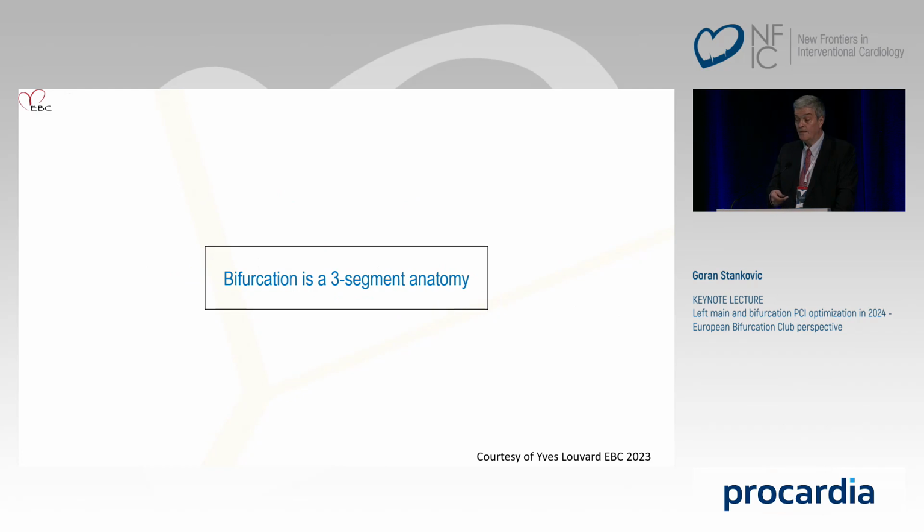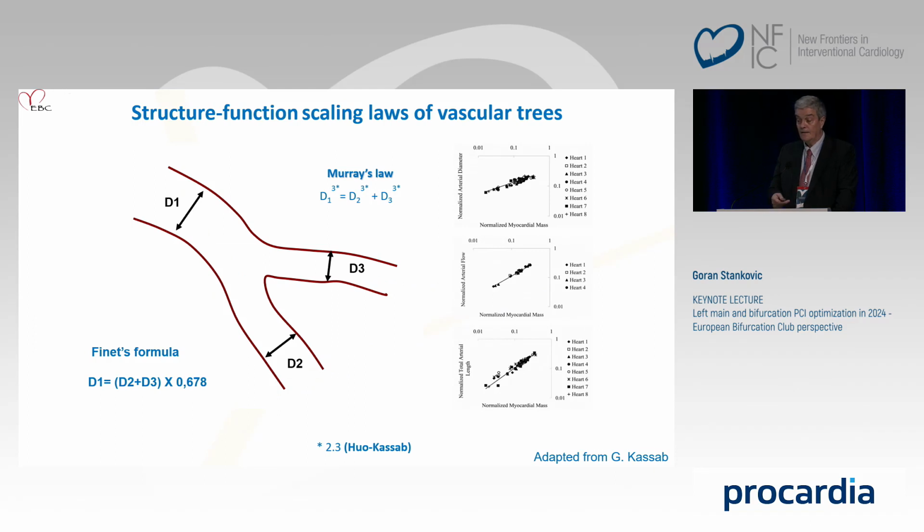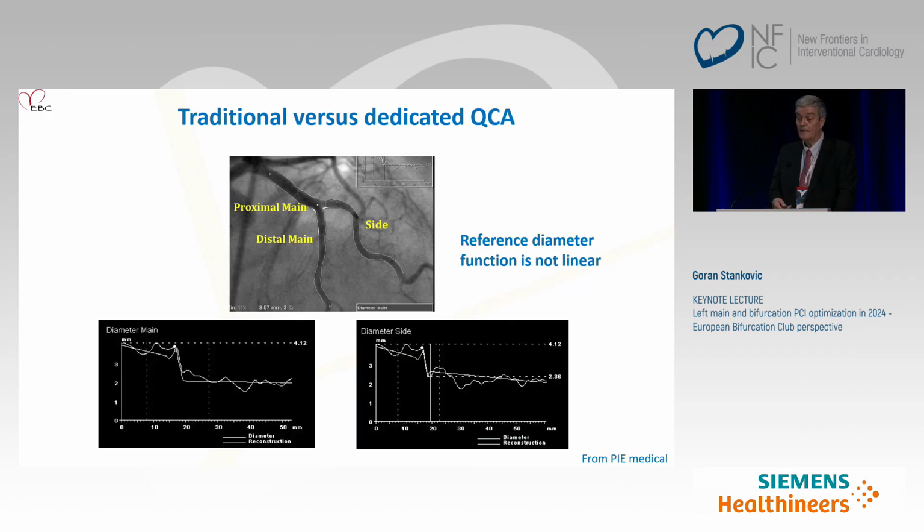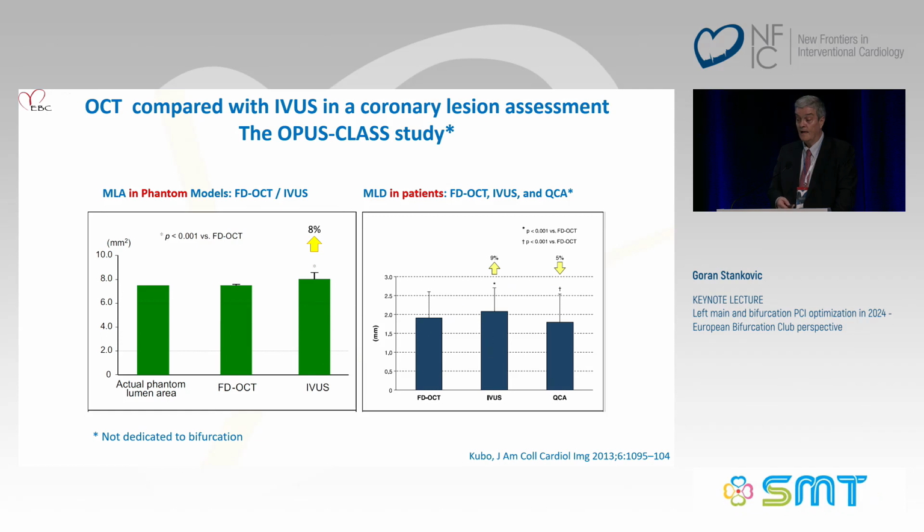First, we need to understand that bifurcation is a 3-segment complex structure, and we have 3 separate diameters, and those diameters should be targeted and decided by QCA, not by visual estimate. Especially we favor use of dedicated QCA because it's more reliable, since there is a step down at every bifurcation point in the reference diameter.